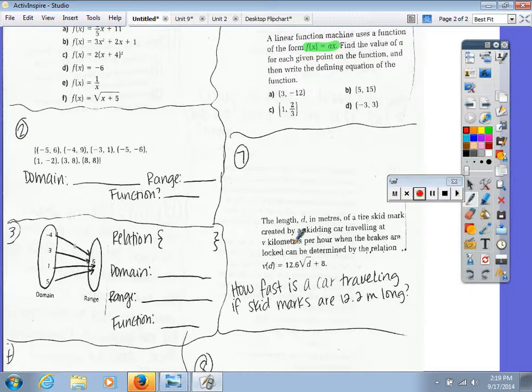You got it? Okay. So it says find the value of A for each given point on the function and then write the defining equation of the function. So let's look at A. I have the point 3, -12. So what point would I be plugging into my function? 3. What should I get out of my function? -12. So we have to decide, if I put 3 in for x, what does A have to be in order to give me -12?